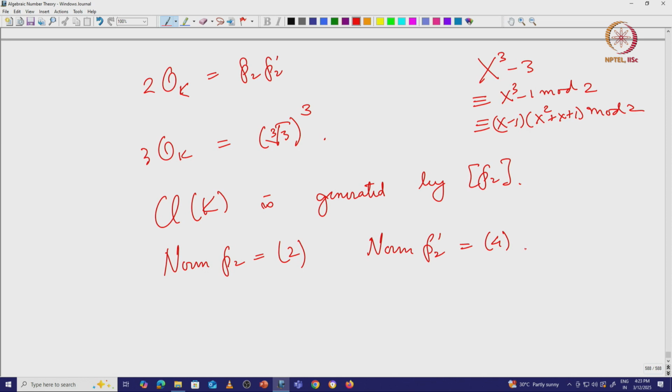So, we want to know whether any of these are principal. If one of them is principal, the other one will be principal as well. And so, what I am going to say is, you consider alpha equal to minus 1 plus the cube root of 3. So, what is the norm of alpha?